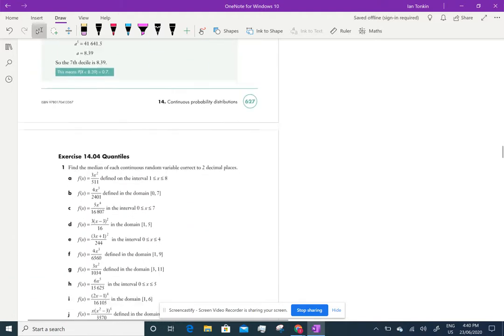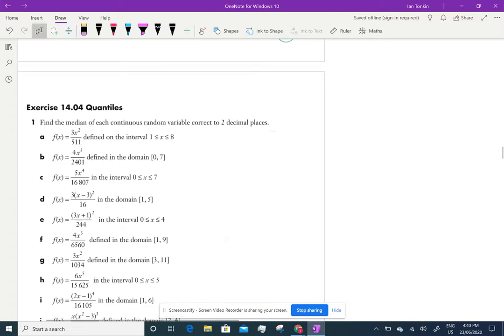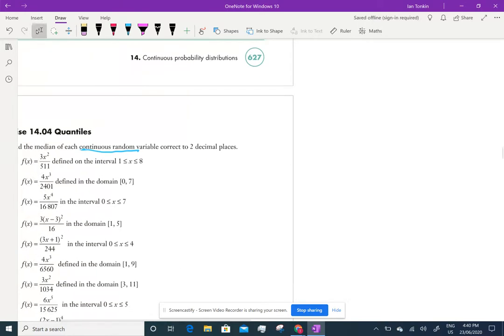The first thing I want to do is look at this. Now, look at what we're doing. We've got continuous data, so it's not discrete, and they give us a function. We'll take this one here.